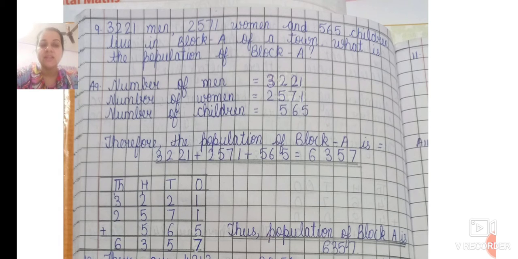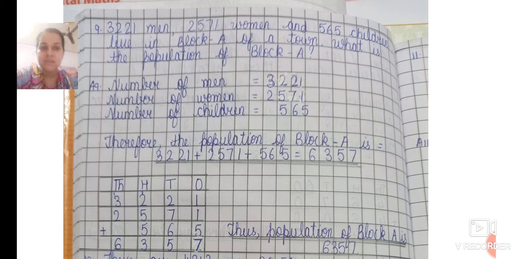How many women are there? 2571. How many children are there? 565.